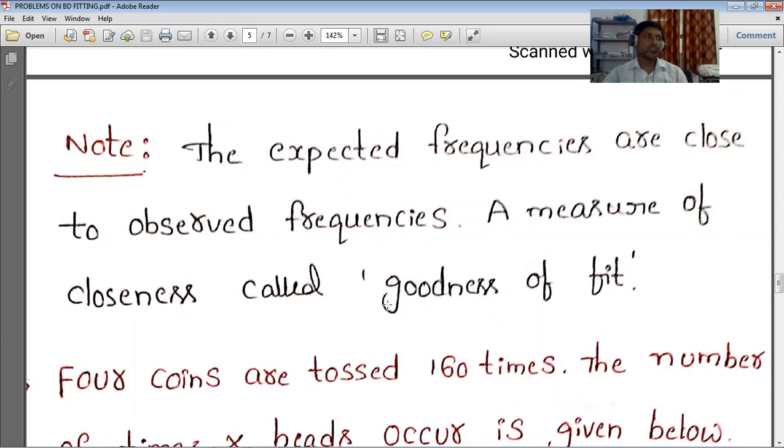When you do a chemical experiment, some result will be there, and if your result matches the exact result, we say you did very well, with accurate values. In the same way, if the expected frequencies are very close to the observed frequencies, we say that is goodness of fit.